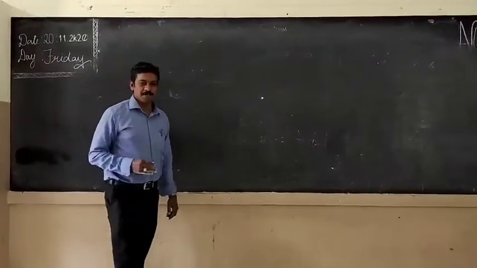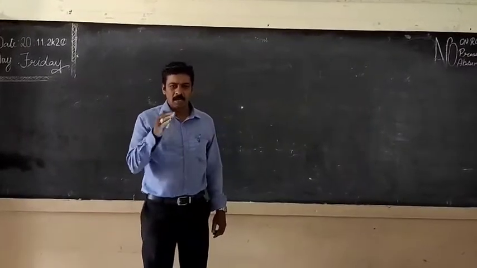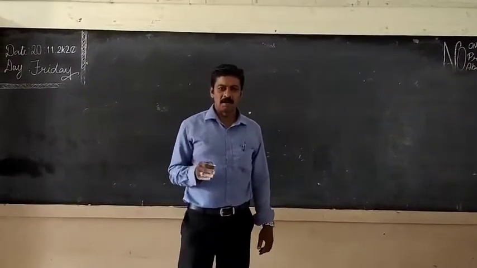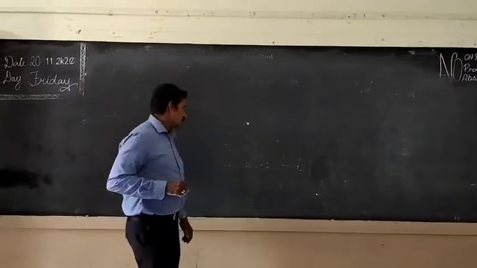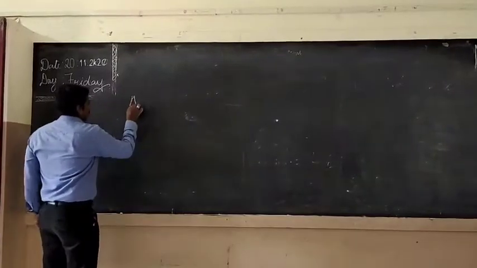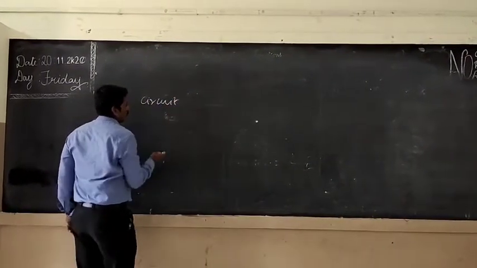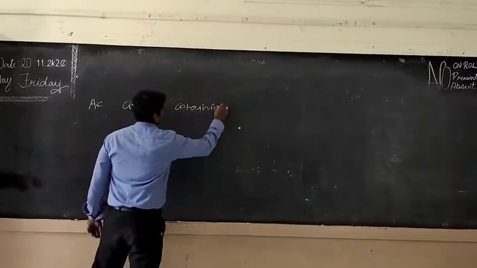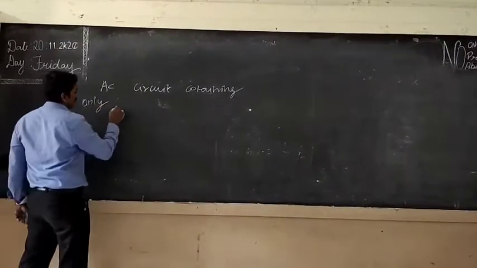Now we are going to see an AC circuit containing only an inductor. That means, what is the role of inductor when it is connected in the AC circuit? Let us see that. So, AC circuit containing only an inductor.